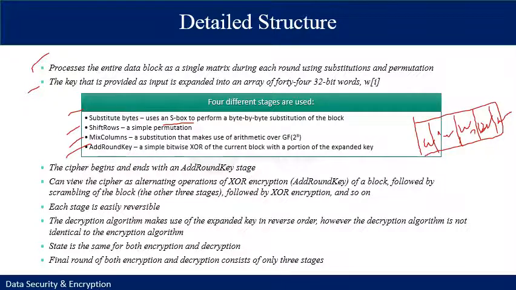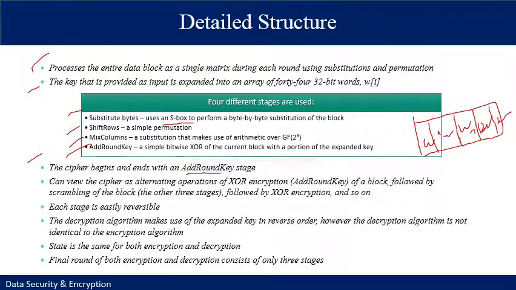So there are some other important considerations regarding the structure of AES: the cipher begins and ends with the add round key stage. You have seen in this example that the structure is very simple, and for both encryption and decryption you have this step, the add round key stage.